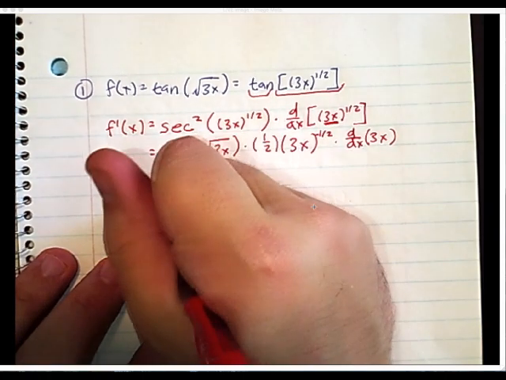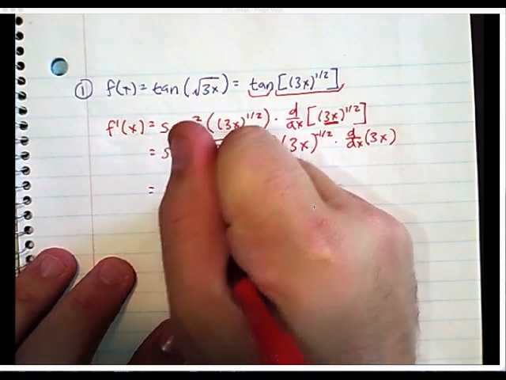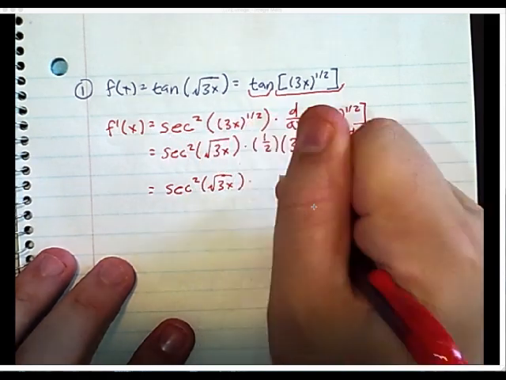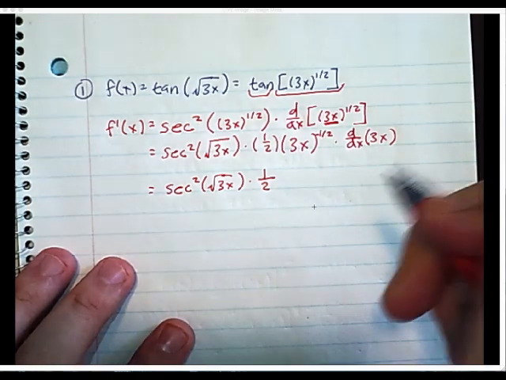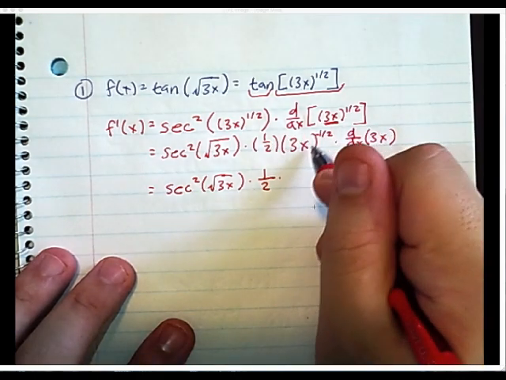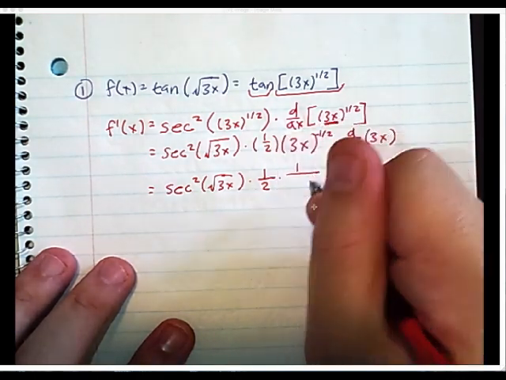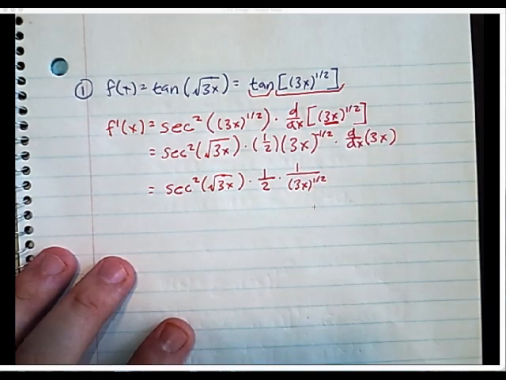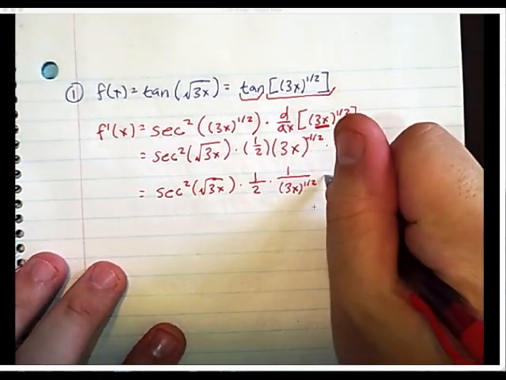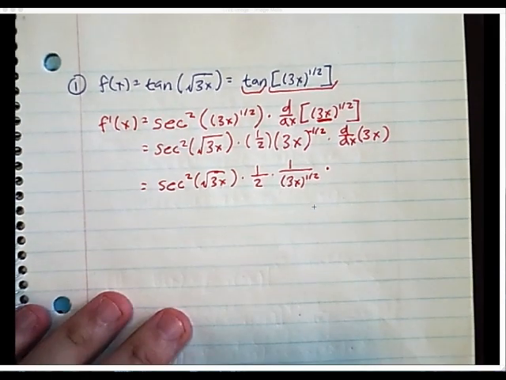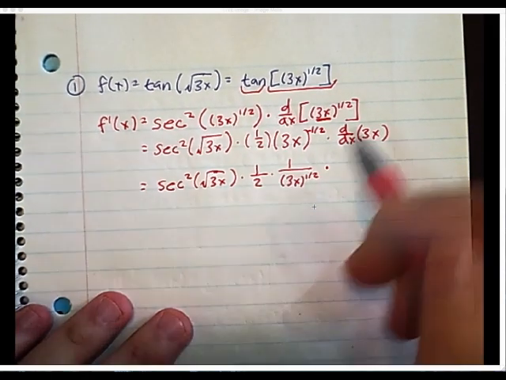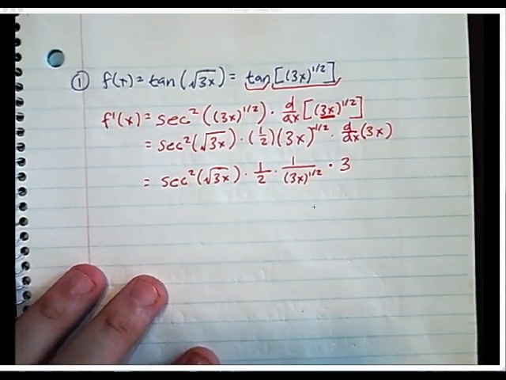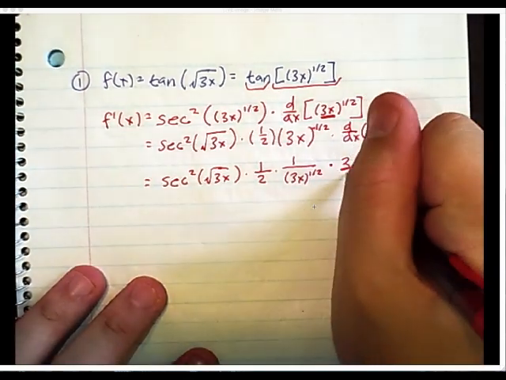So if we want to see what we have now, if we keep simplifying at the same time, we have that times 1/2. Now I can take this 3x to the negative 1/2 power and put it down into the denominator. And the derivative of 3x is simply 3, or 3 over 1, and this is over 1.